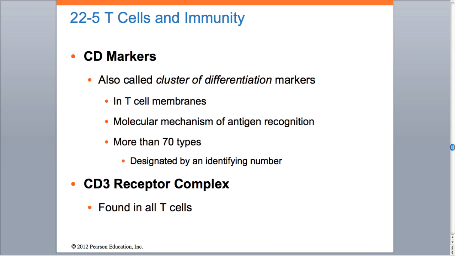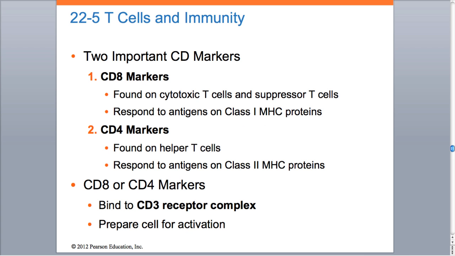Now the slide I was on a moment ago, I don't care too much for that, but I do care for this slide I'm on now. So this slide is important. We have CD8 markers. Those are found on your cytotoxic cells. So your cytotoxic T cells are CD8 markers. Your helper cells are CD4 markers.